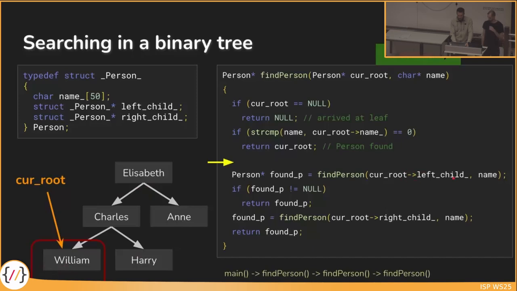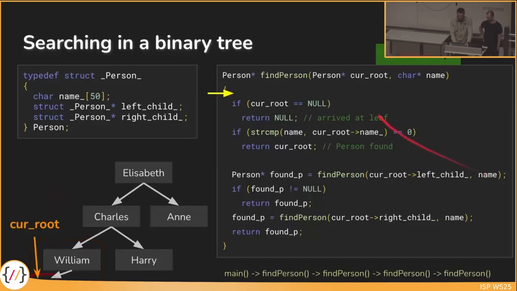Meaning that we call find person with the left child of William. What is the left child of William? It's null. The name is still Harry. So calling find person again, the current root, as you can see on the left side below, is null.